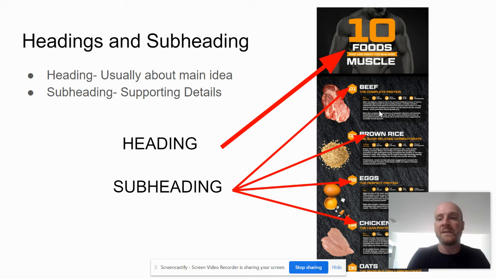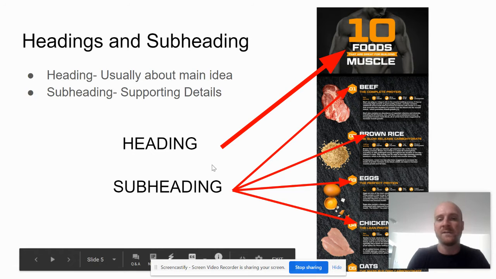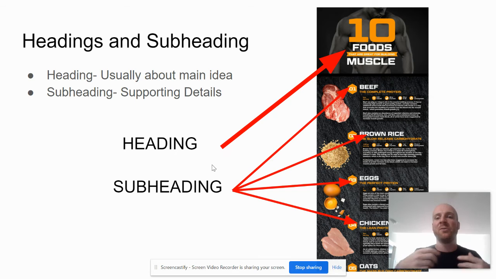So I can tell that this whole section is going to be about beef. This whole section is going to be about brown rice, eggs, chicken, and oats, and so on. So the subheadings give supporting details. Each of these sections will explain how that food helps to build muscle. Okay, and the pictures help to show us what it looks like.